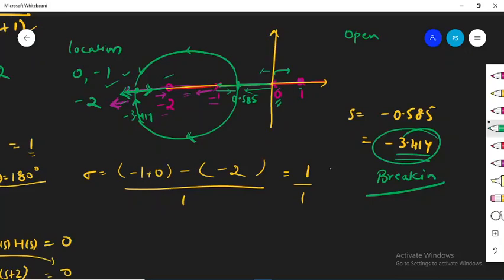The green portion that you are seeing in this diagram is the root locus diagram. At k equal to 0, the pole locations were, one at minus 1, another at 0. At k equal to infinity, one pole will be located at minus 2, another pole at minus infinity. So this is how you can conclude the root locus diagram.